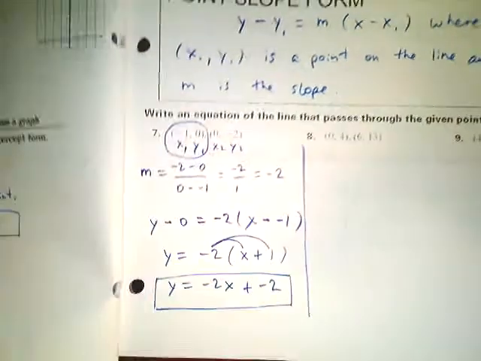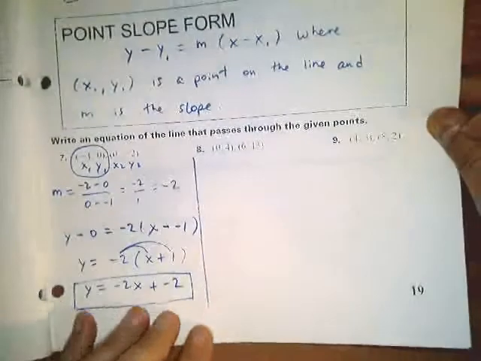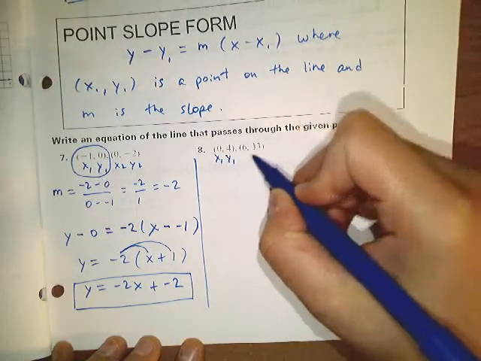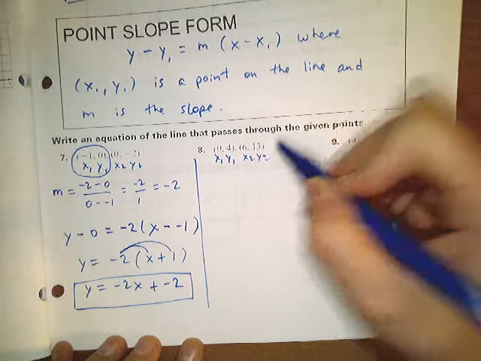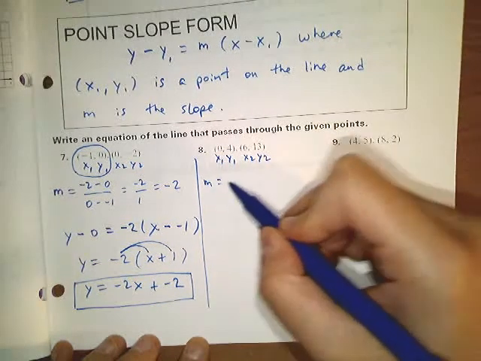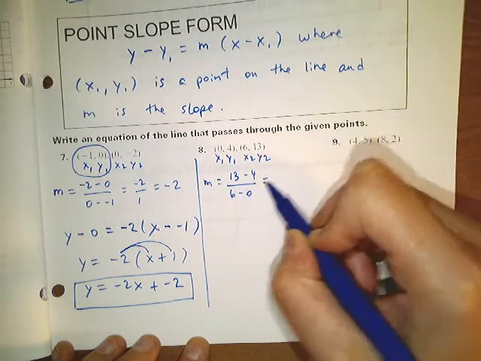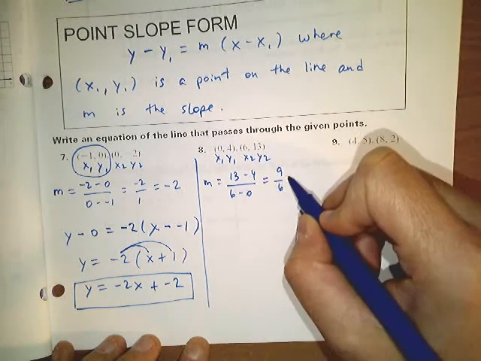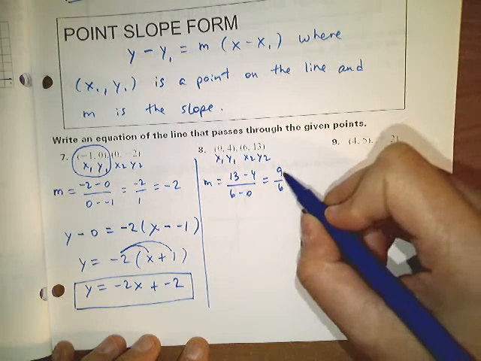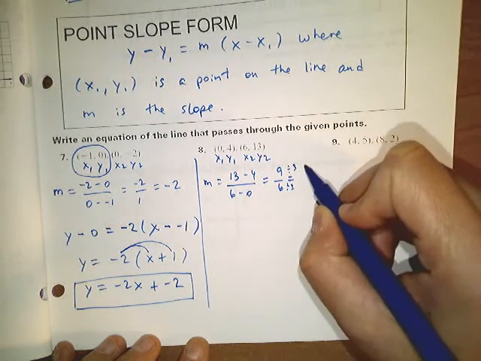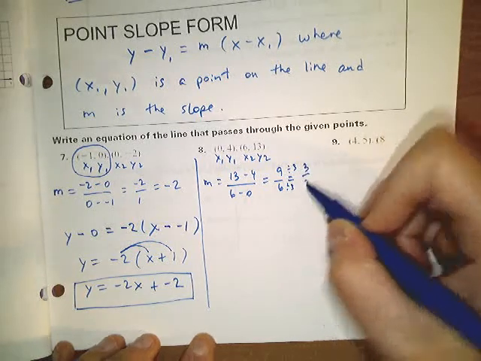So let's try a couple more of those just to see if you can work ahead of me and maybe do it on your own. I'm going to call this x sub 1, y sub 1, x sub 2, y sub 2. Finding the slope, that would be y sub 2 minus y sub 1 over x sub 2 minus x sub 1, which gives me 9/6, which reduces, if I divide both the top and the bottom by 3, to 3/2.